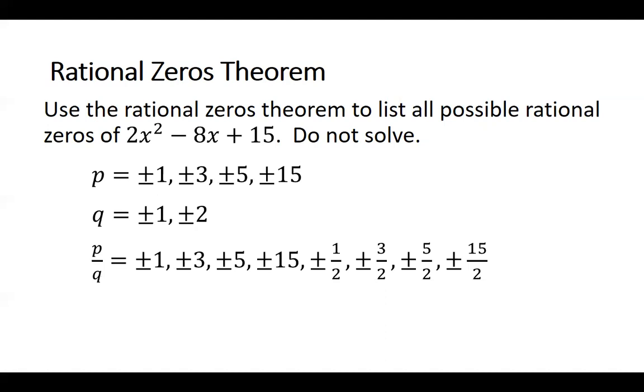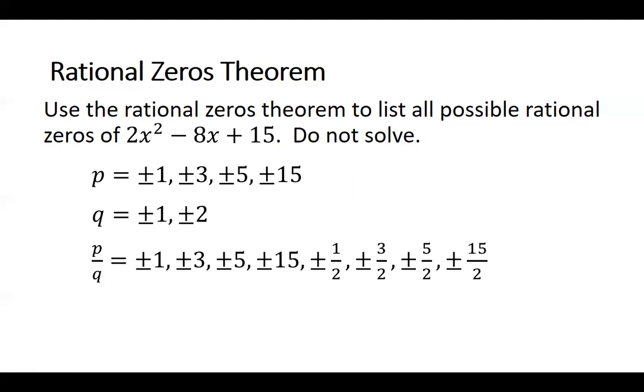Now, I will point out that the way for us to determine which of these are rational zeros of this function would be that we would have to go in and plug in +1 and see what we get. Because if it is actually one of the rational zeros, we'll get 0 as the result.